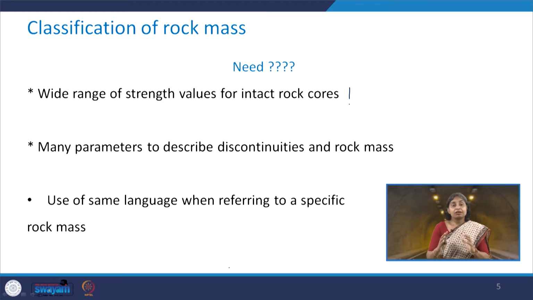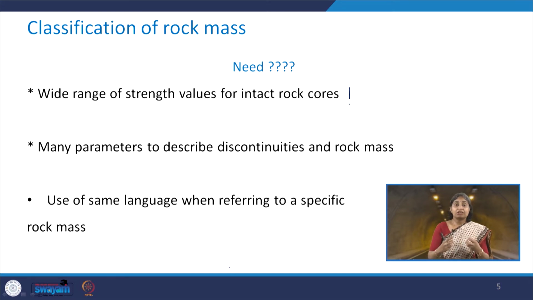Then, let us say all around the world different types of rocks exist. Now, when two geotechnical engineers from different countries refer to a particular type of rock mass, they should have the same language.